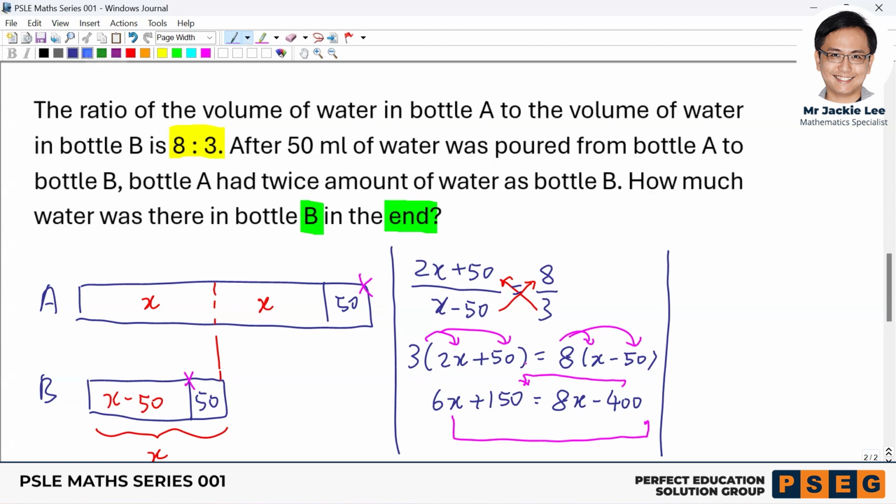So on the left-hand side, 150 minus 400 goes to the other side and becomes plus 400. Meanwhile, 8x stays there, then the 6x moves to the right, becoming minus 6x. So this will end up as 550, and this will end up as 2x. Then both sides divided by 2, this will be 275. So in fact, the same answer, 275 ml.